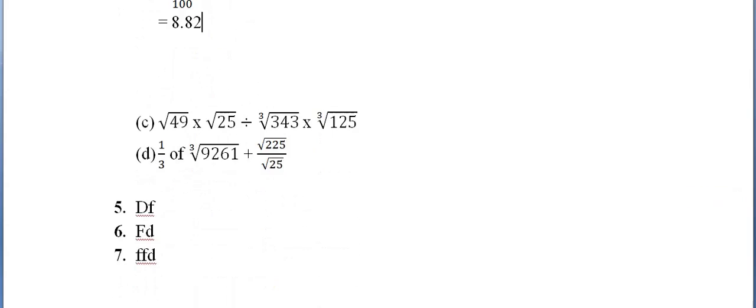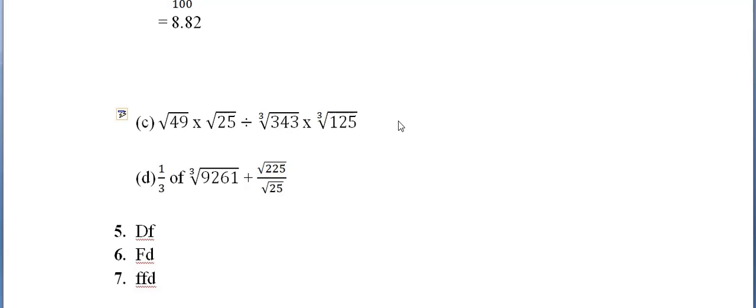Similarly, in question number C, yes, we know what it is. 49, square root of 49, 7. Square root of 25 is 5. Okay. Then we have a division sign out here.